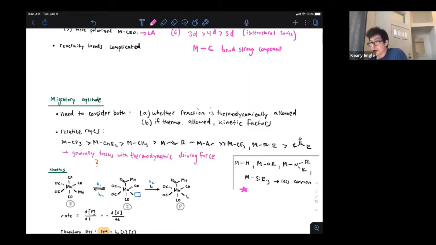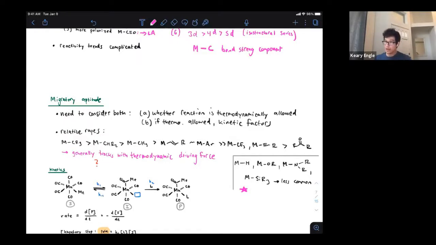These are less common. Empirically, it's found that these undergo migratory insertion into a carbonyl less commonly. There are some notable exceptions, particularly with early metals and high-grade migratory insertion. But in general, this is not thermodynamically favorable and thus does not take place. So that's the first question to consider.